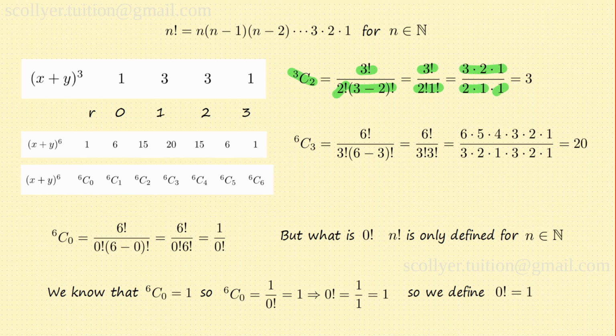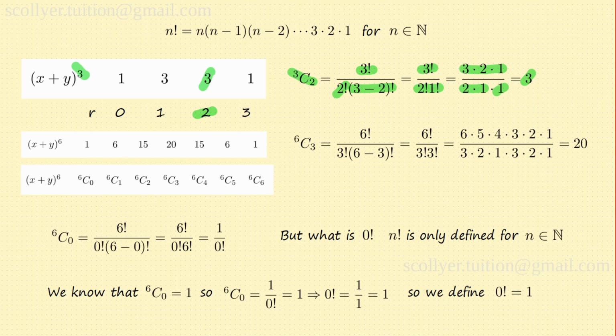And that simplifies to 3. And 3C2 occurs in the expansion of x plus y to the 3, and it is the entry where r equals 2, which is this value, 3. So our calculation is correct.